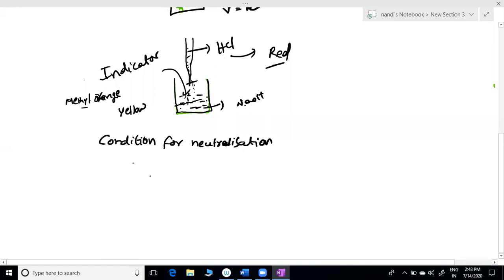Acid plus base. The condition is: Gn of acid equal to Gn of base.